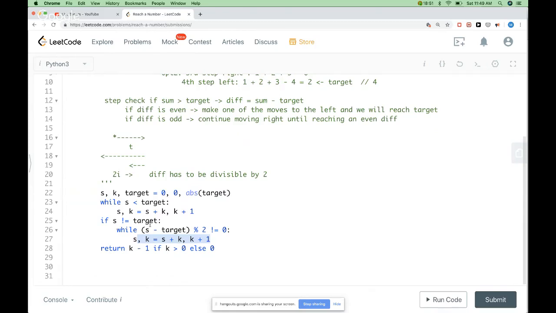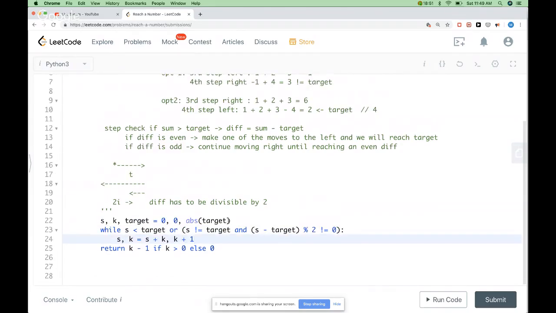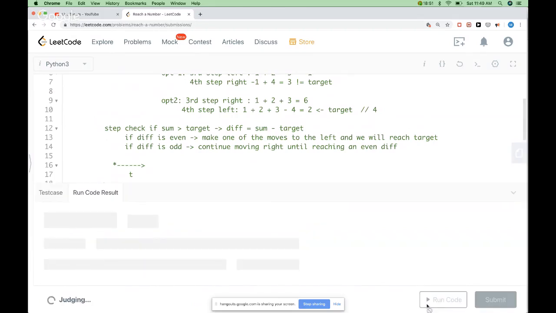So we can just move this condition up. So either that or S is still different than target and the difference is odd. And if that's the case, just keep increasing. Otherwise, when neither of these conditions is valid anymore, we can just return the response.